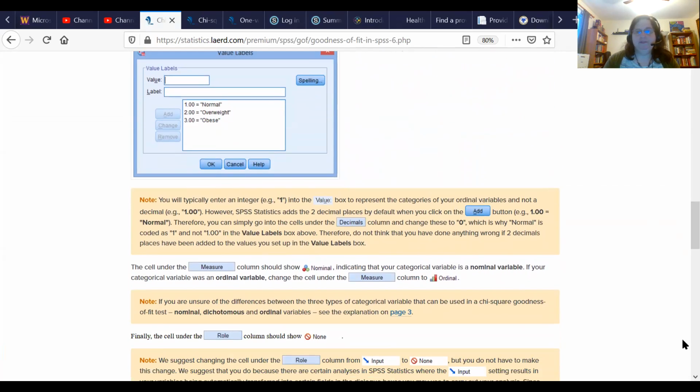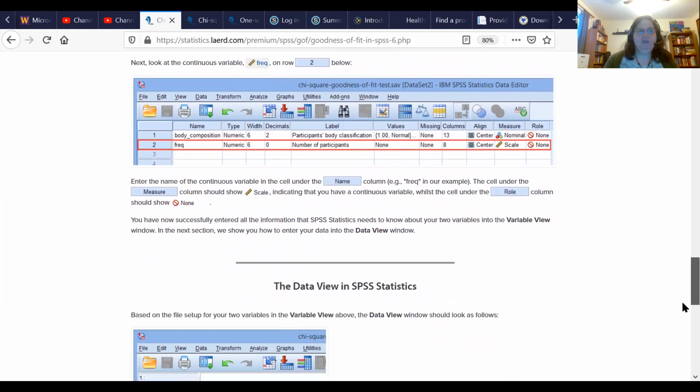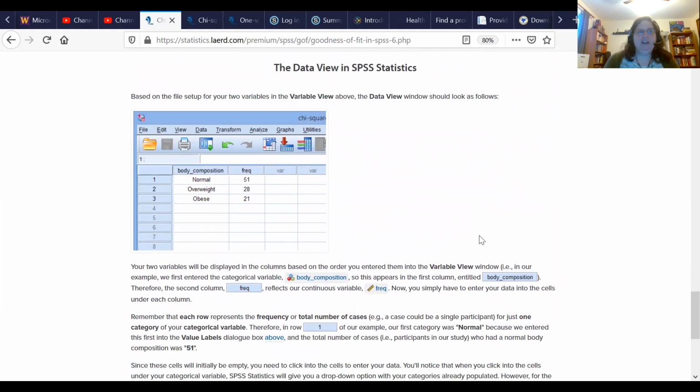One, two, three, same thing. But now, when we look at it, first of all, our frequency is a scale variable. I should point that out. I don't think it makes a huge difference, but I would go ahead and list it as scale. Role for both can be none. And now your data just looks like this.